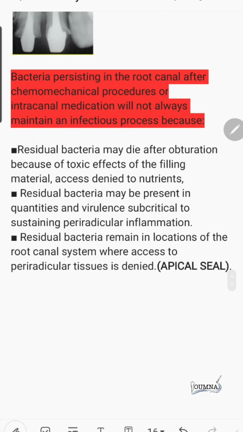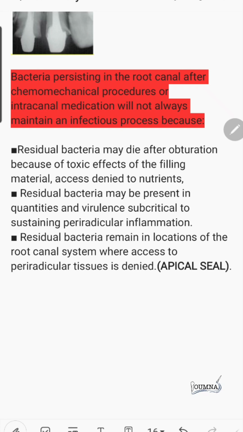Bacteria persisting in the root canal after chemomechanical procedures or intracanal medication will not always maintain an infectious process, because residual bacteria may die after obturation because of toxic effects of the filling material and the denied access to nutrition.